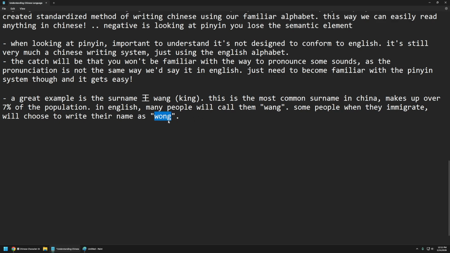This is actually not a valid pinyin writing. There's no character that this means. So Wang should be written like this in pinyin. So the point is, when you read pinyin like this, don't try to fit it into your English interpretation, because you have to learn the pinyin interpretation.